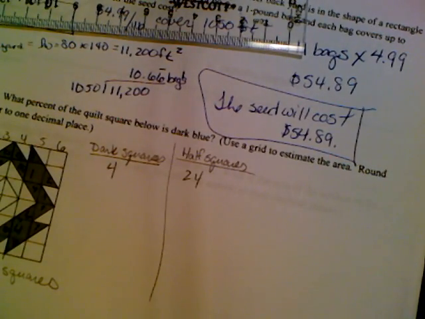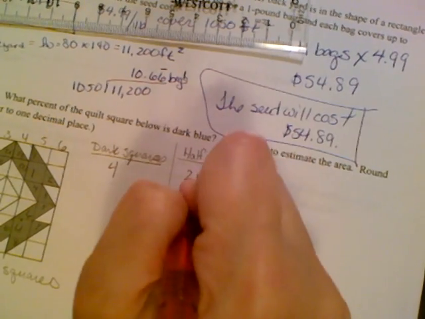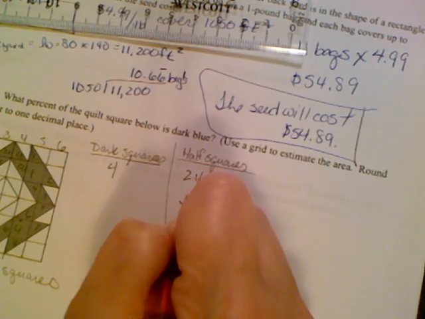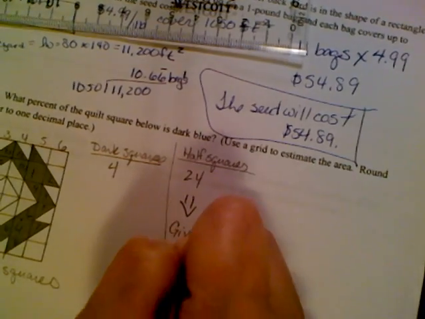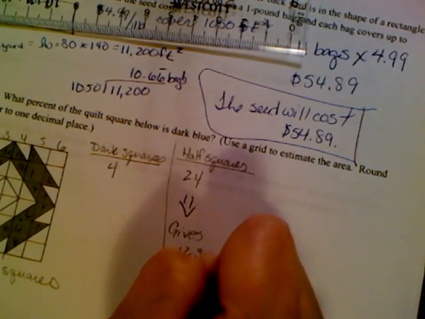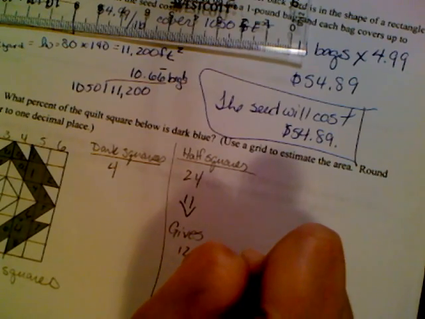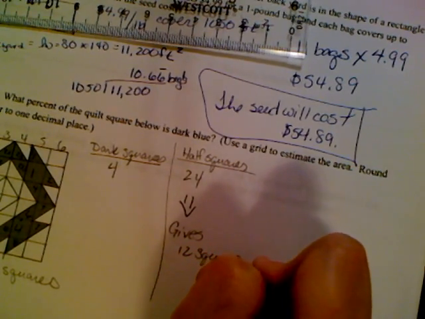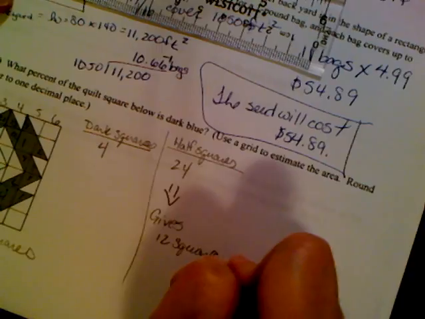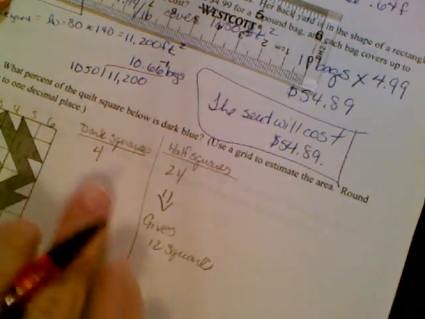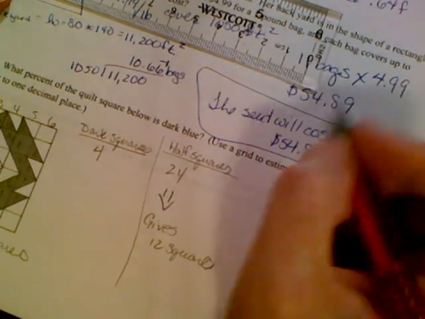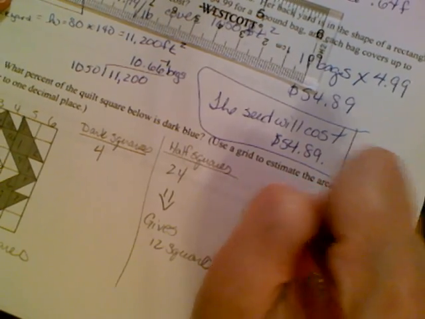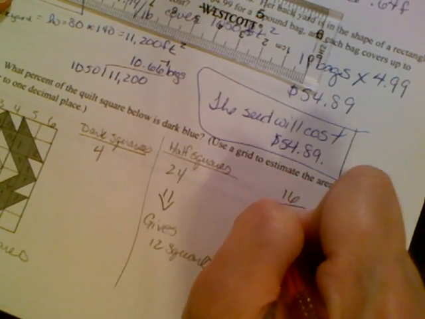Well, they're half squares, so 2 of them together make a square. So these 24 half squares give 12 squares. Does everybody understand that? 24 half squares give me 12 squares. So if I add those 12 squares to the 4 squares, I have 16 squares over 36 squares.